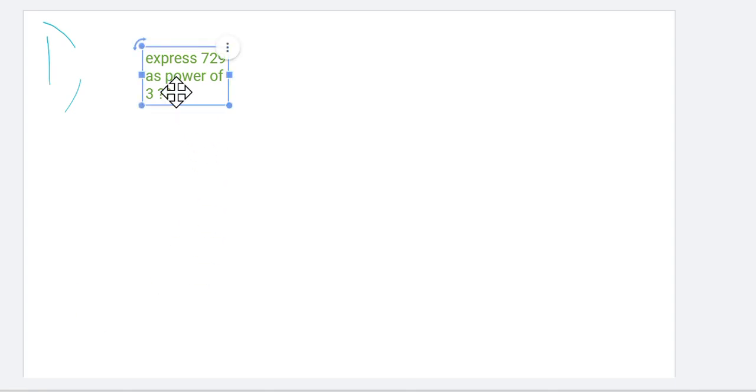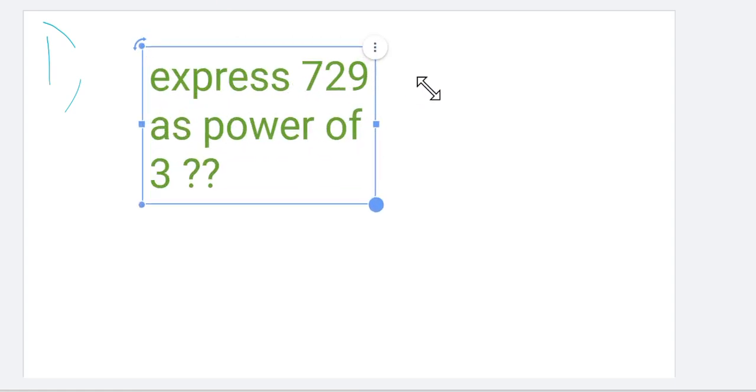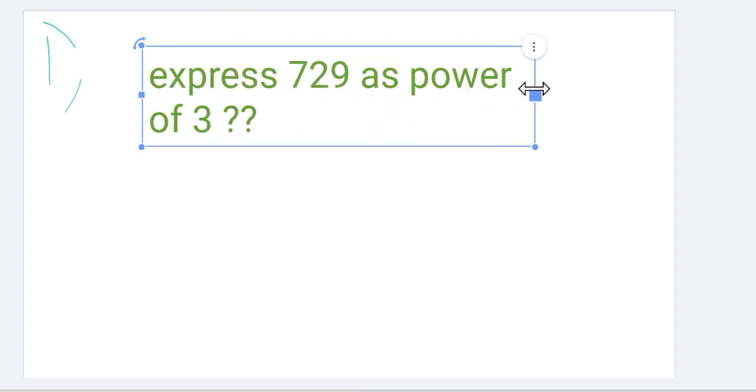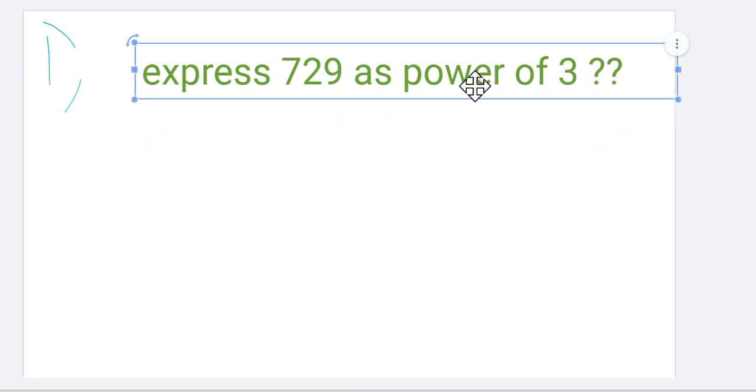How will you solve such questions? Did you think about how to solve such questions? Now over here we're going to be using factorization. Alright, in such questions we need to see what is important. So we need to express this number as a power of 3.